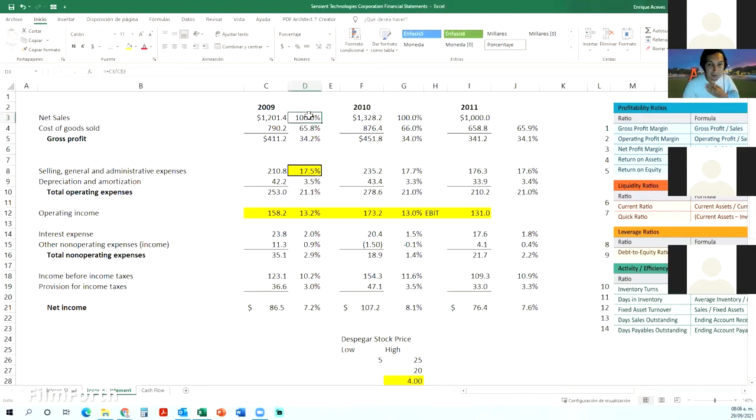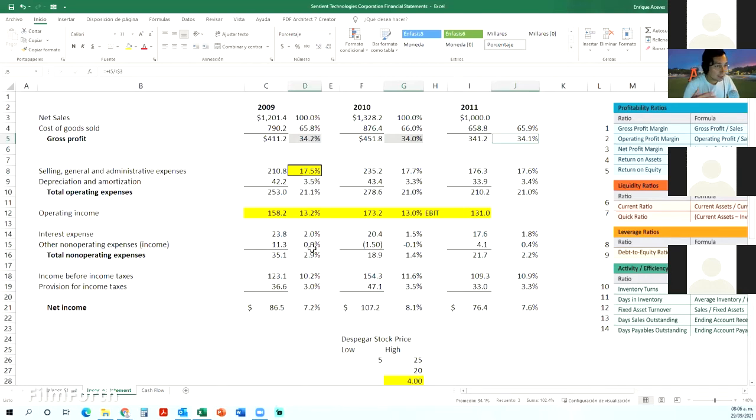Okay. This is the important thing of analyzing in a vertical way. Vertical analysis is very important. This is what we see. The gross profit tells you your gross margin, that is basically what you earn per each sale. And then you have your fixed expenses.